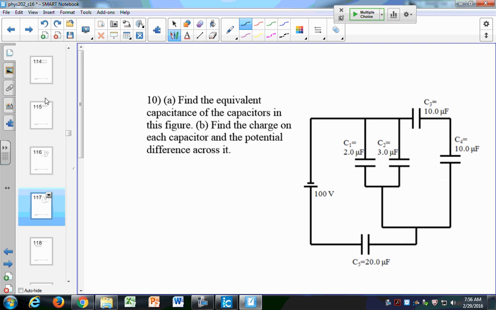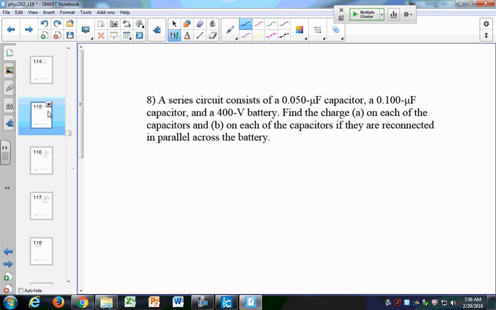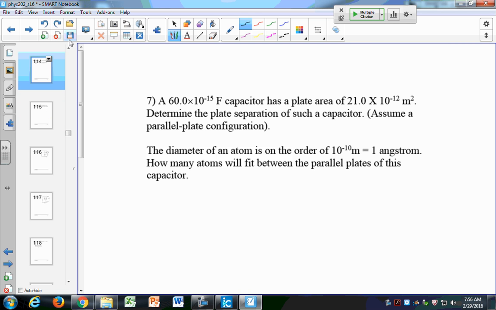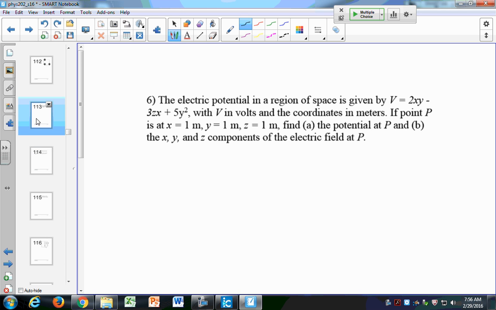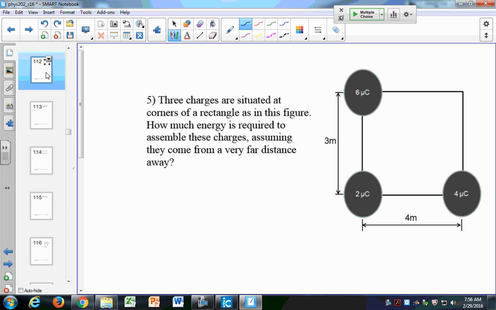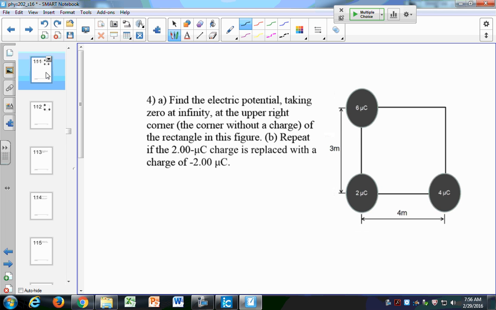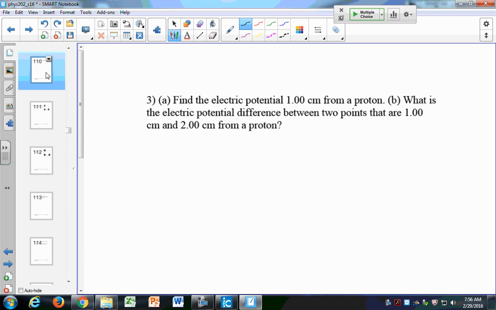You might have two, where one is a little bit simpler, like for example, series or parallel. The geometry of capacitors, you'll likely see that. Finding the potential through, or the electric field through a potential function. Finding the potential due to a collection of charges. Remember, they're not vectors, they're scalars. Finding the electric potential energy of a collection of charges too.